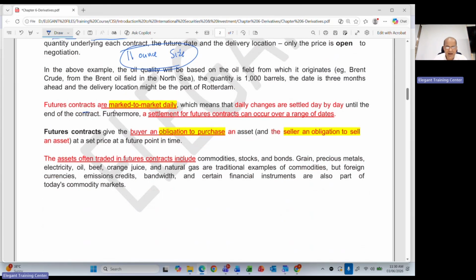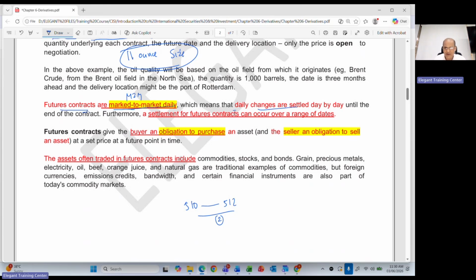Future contracts are marked to market. That's called M to M. Marked to market means what? Suppose you bought gold and the price was fixed at 510. Now tomorrow the price is 512. So these 2 will be added to your account.